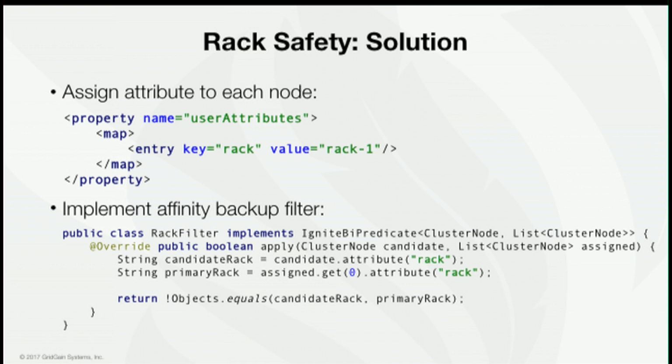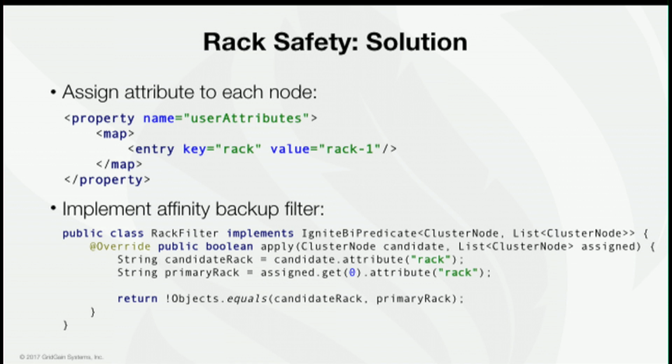We get the primary node here, and then we get the value for the attribute rack. And then we will compare the values, and we will return true only if these values are not the same, which basically means that we allow a node to be a backup only if it is running on a different rack from the primary node, right?